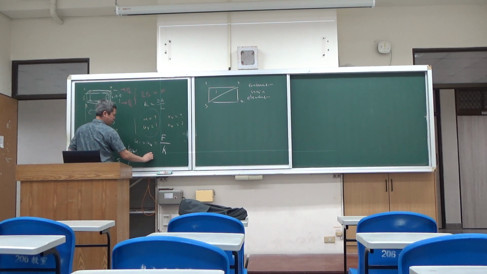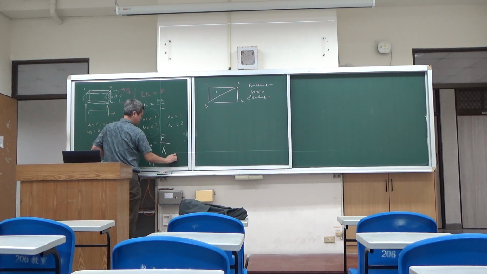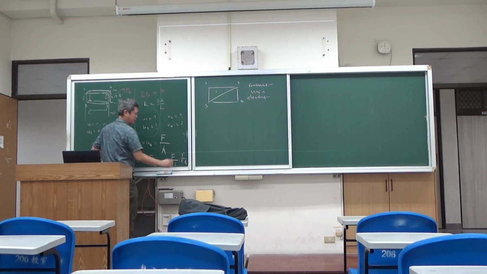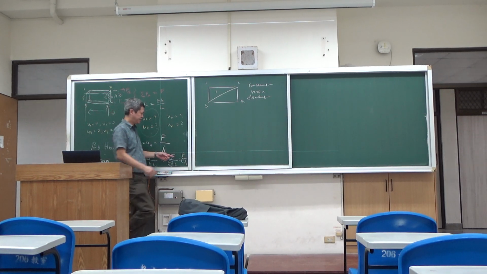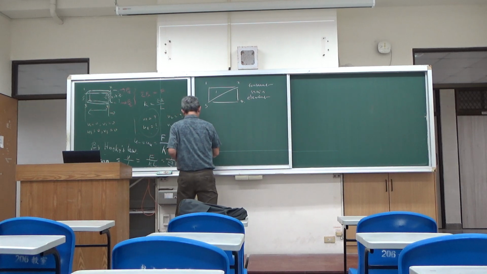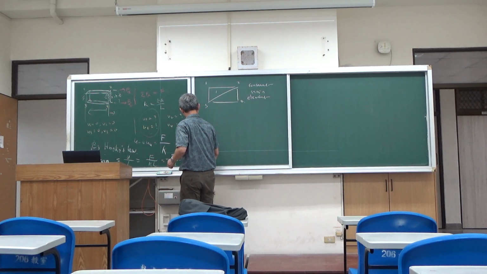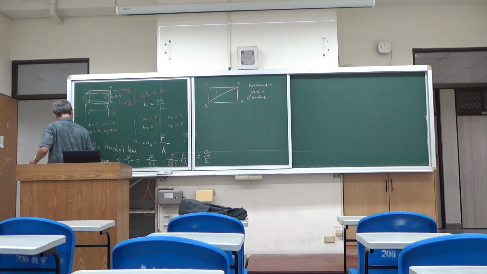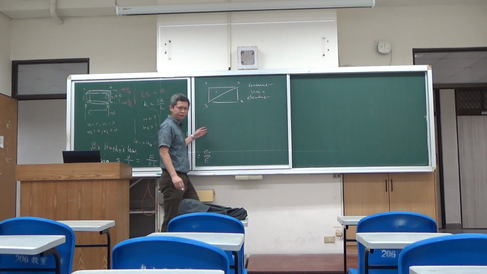Then we're going to have F over K, so F over EA over L times L. Then we have F over EA. If you go to see this, F over E is the axial stress divided by the modulus. Then this will give you the strain in the x direction. Okay, you see that?